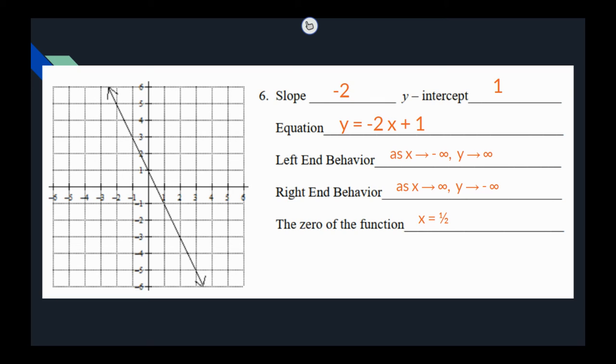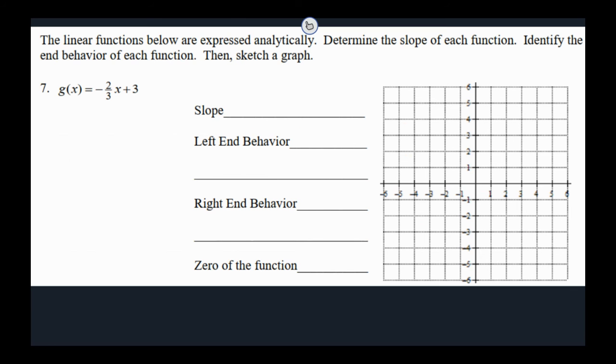Any questions so far? Feeling pretty good about graphing lines? And most of this is review.